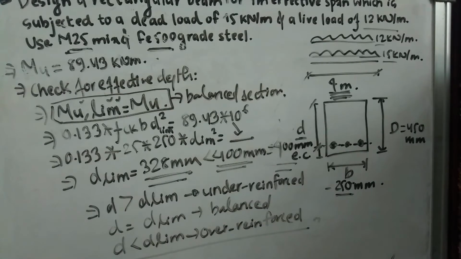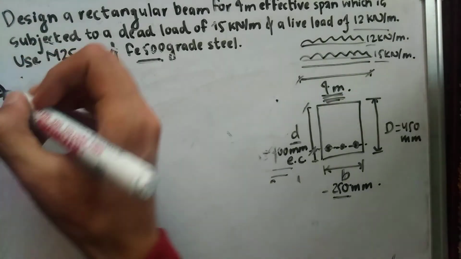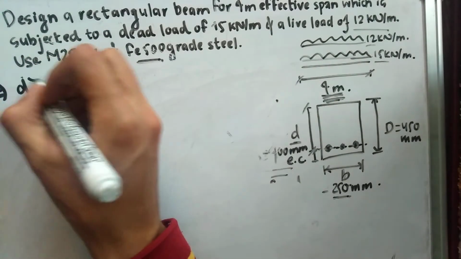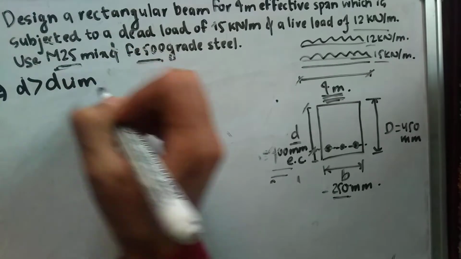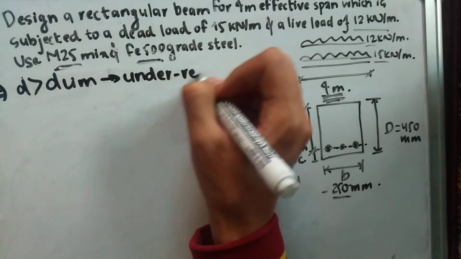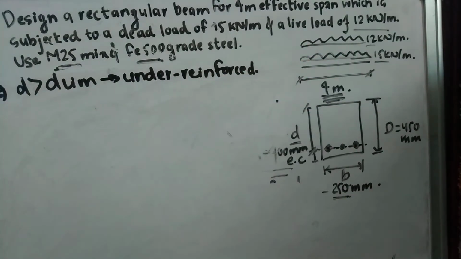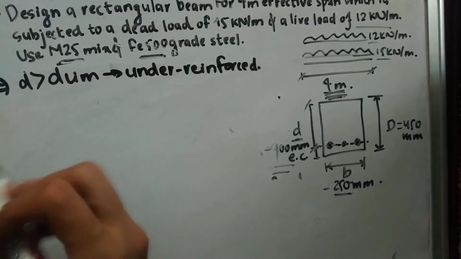So let me explain why, if D is greater than D limiting, it is under reinforced. Here we found out our D is greater than D limiting, so we said under such condition our beam is under reinforced. Many people just memorize this but don't know the reason behind it. So let me give you an example.